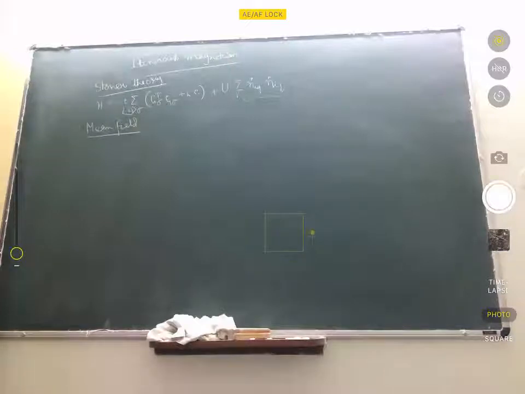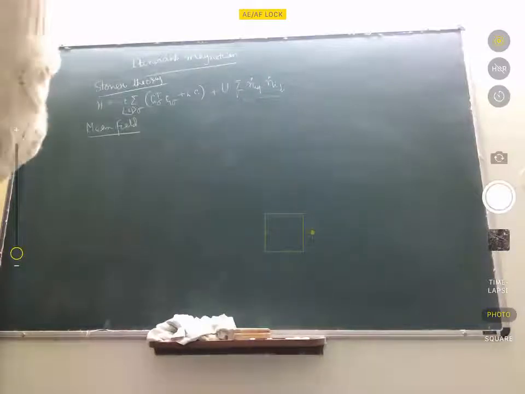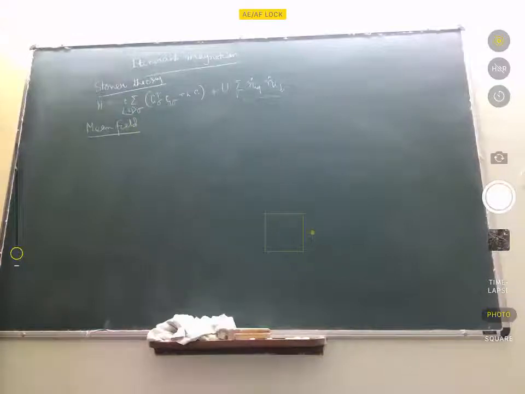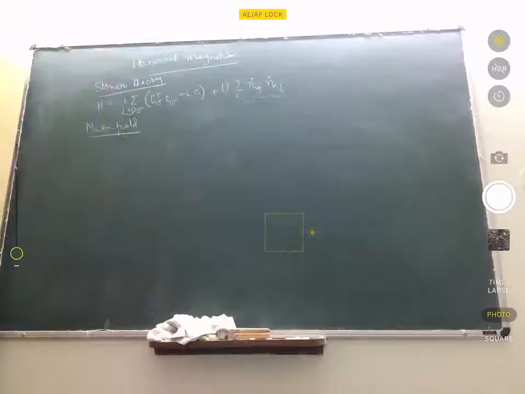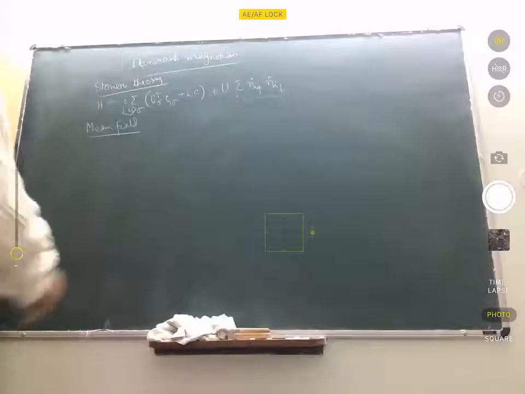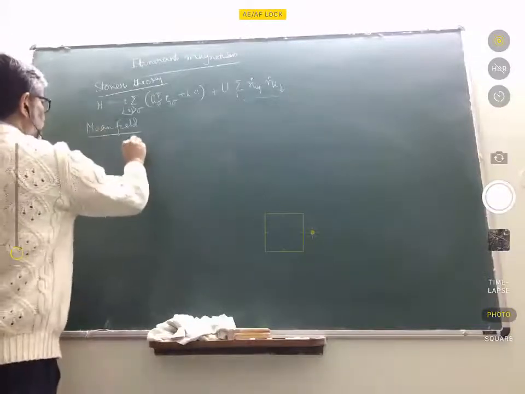Sometimes you assume the existence of a certain ordered state, for example an antiferromagnetic state, and you break the interaction term, the 4 fermion operator, in a manner that represents that ordered state, and then you try to solve the Hamiltonian, find its energy, and so on. So here we'll write this term in the following way.